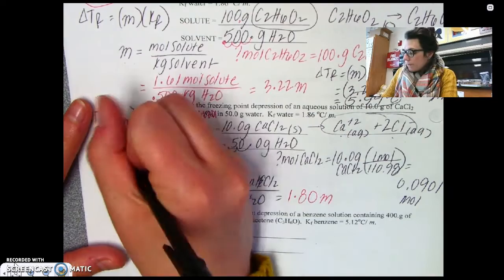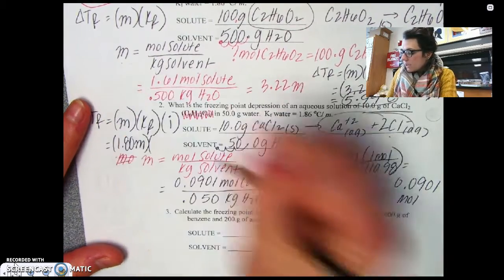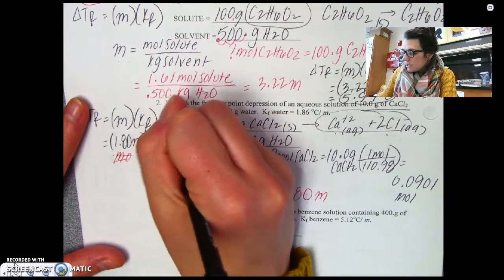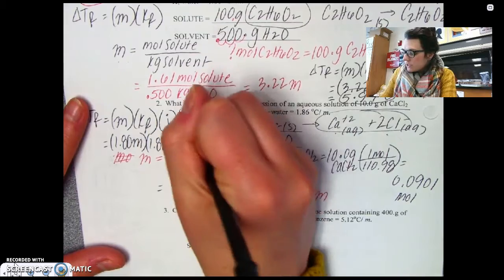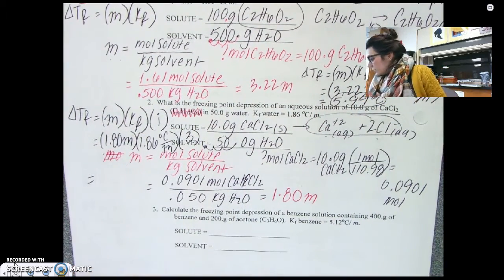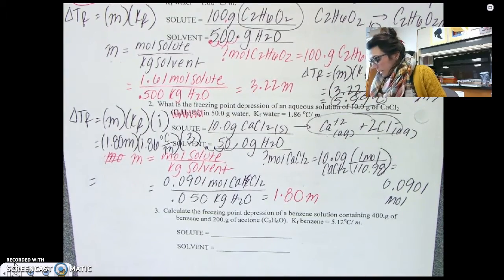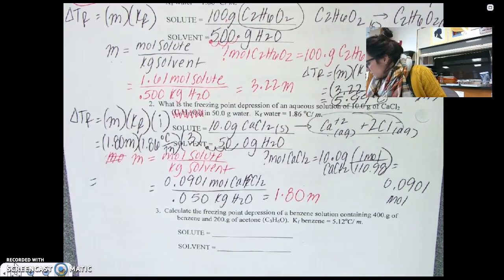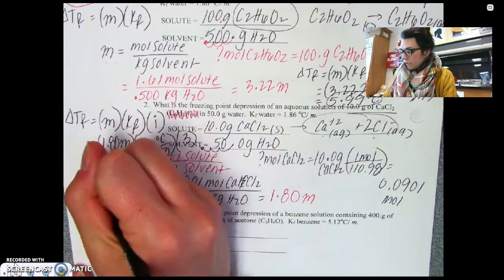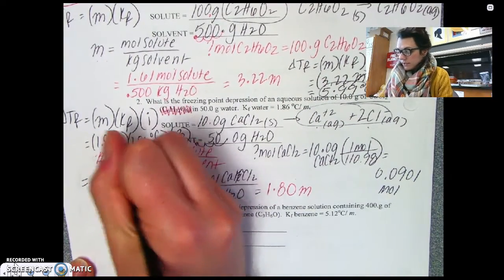So we're going to do 1.80 molal times that 1.86 degrees Celsius per molal times 3, because I have 3 solute particles. So I'm going to do 1.80 times 1.86 times 3, and I get a temperature change of 10.0 degrees Celsius.